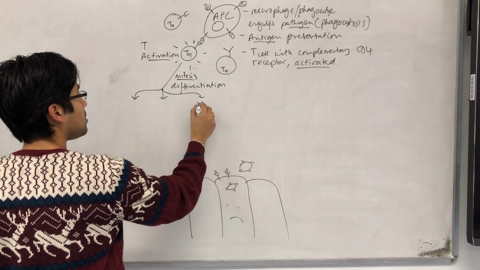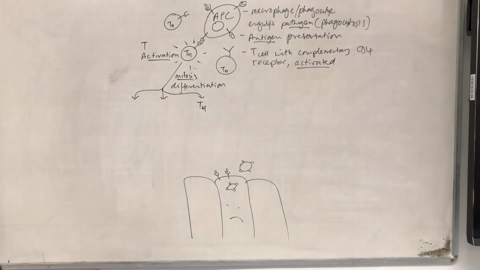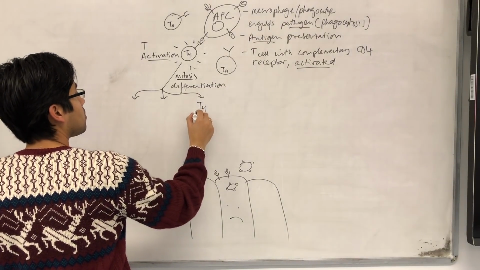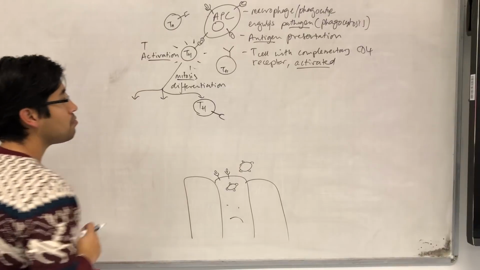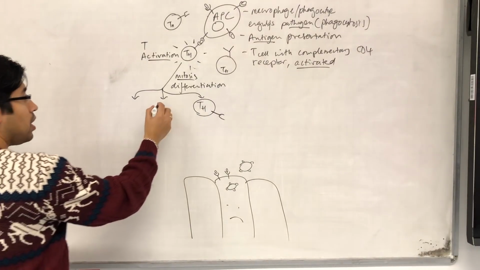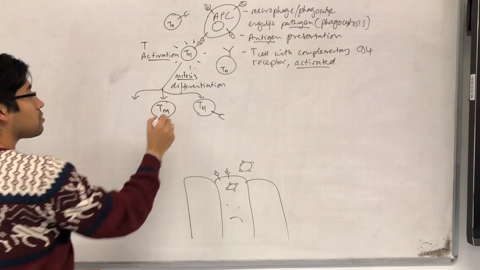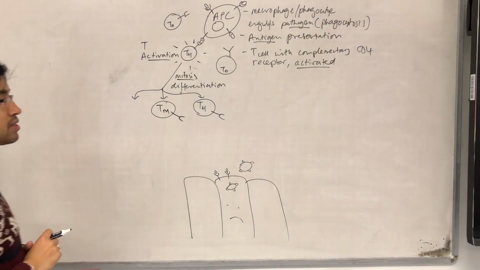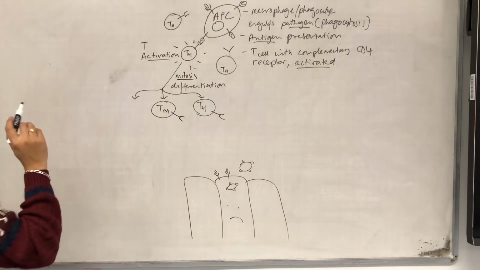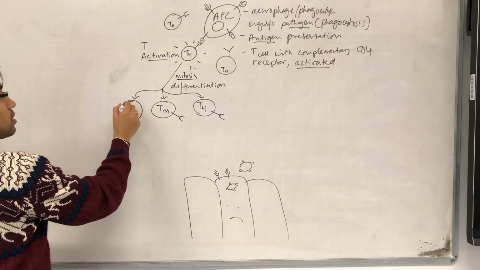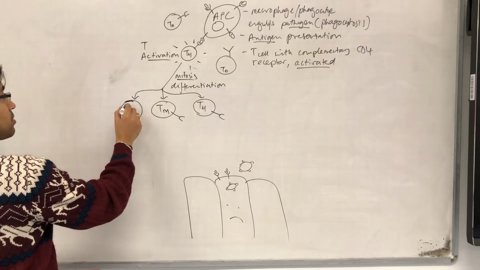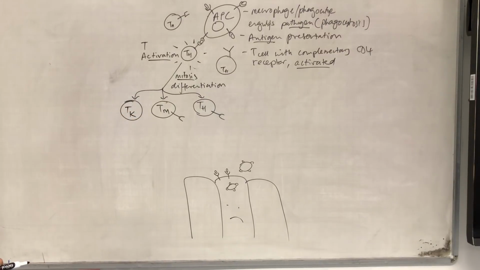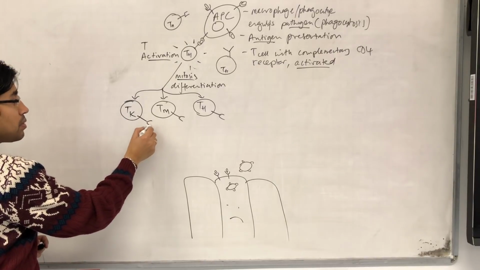One is more T helper cells of the right type, so again, a T helper with the same CD4 receptor. Another is what we talked about before, T memory cells, which again would have to bear the same receptor for the same antigen. Finally, I guess the most active of all the cells, T killer cells with the same receptor.